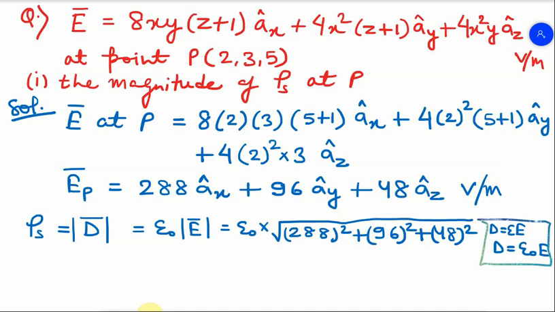So rho s equals epsilon 0 multiplied by this root.